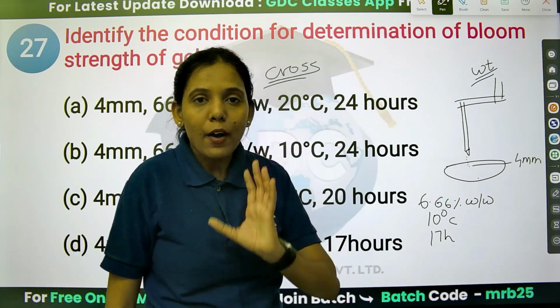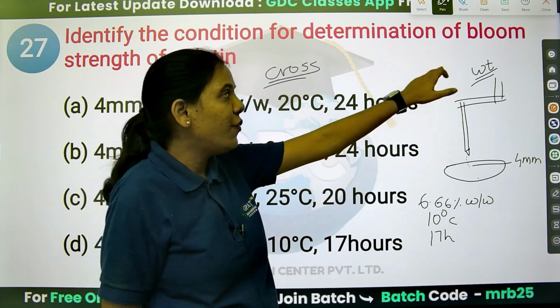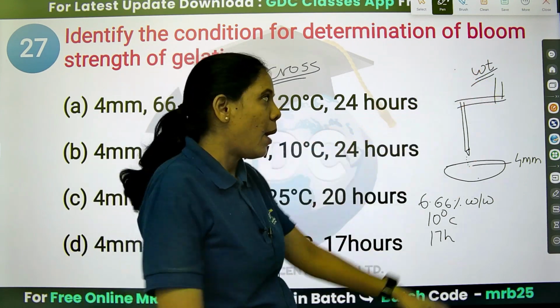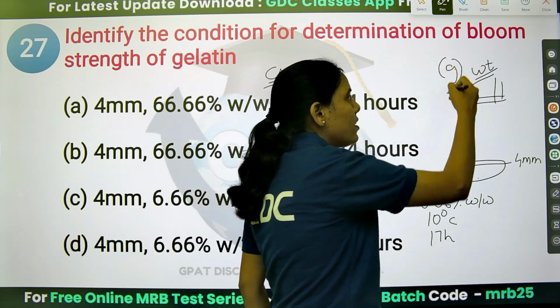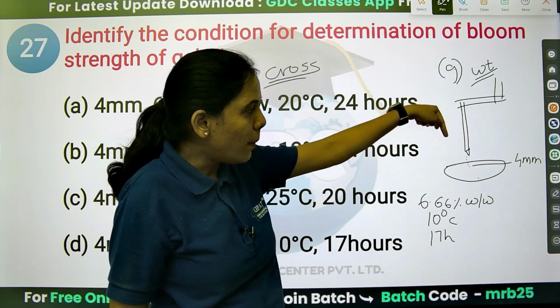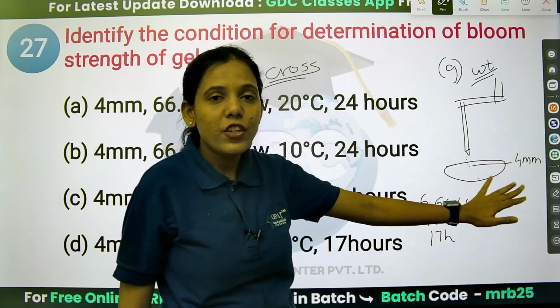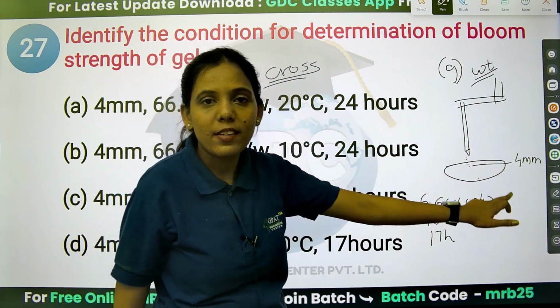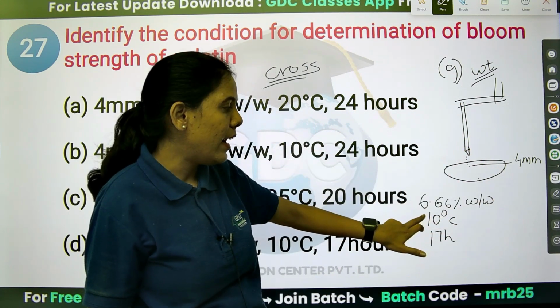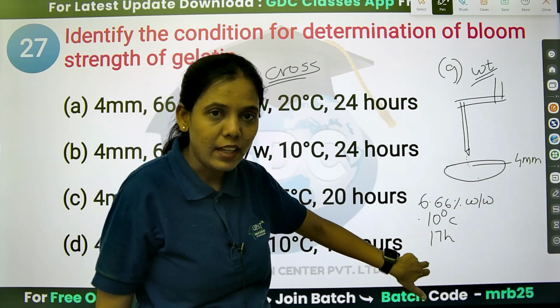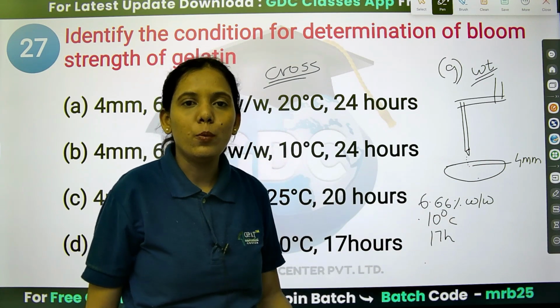So how much weight in grams is required to move the plastic plunger deep inside the gelatin, which is made up of 6.66% weight by weight, held at 10 degrees Celsius for 17 hours? That is nothing but bloom strength.